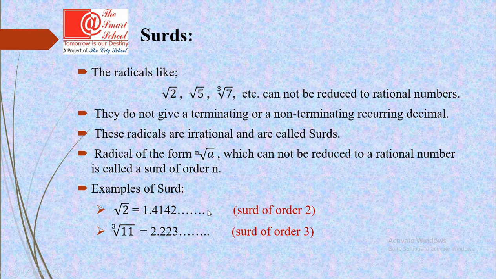More numbers will come, but this is non-terminating and not recurring, so it is irrational. This surd is of order 2 because it is a square root. Now the cube root of 11 is equal to 2.223. So this is a surd of order 3 because this decimal form is irrational, and 3 is here.